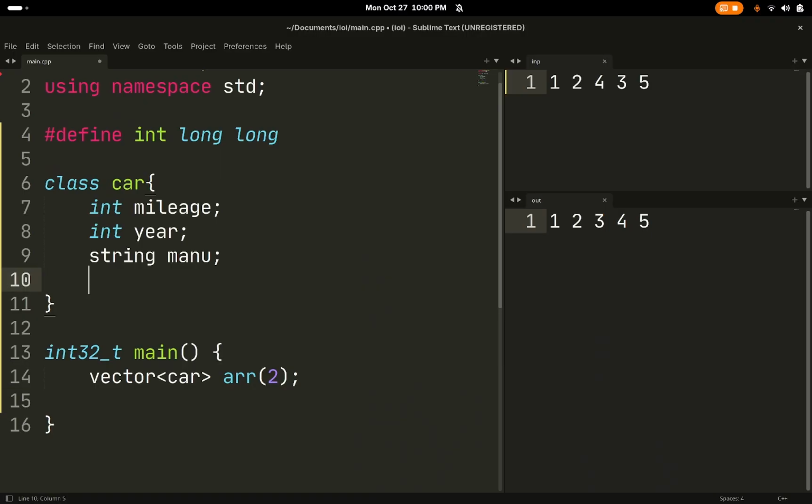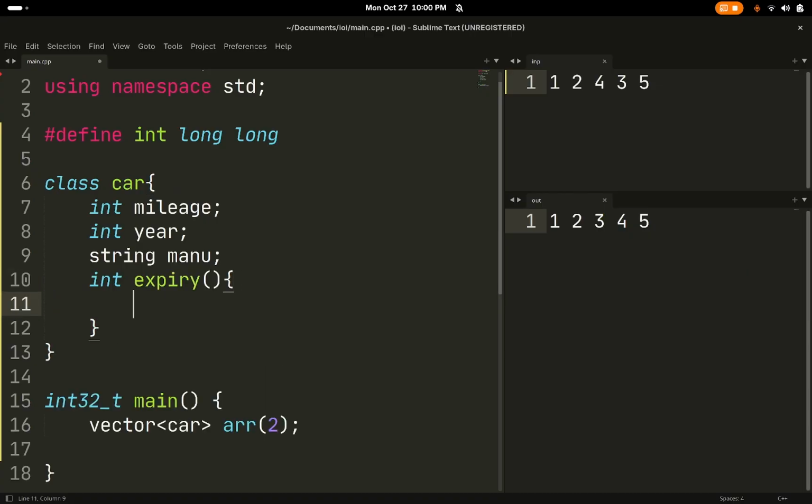So, the next thing I'm going to discuss is member functions, which is, let's say I wanted a function which can return the expiry of my car. This is how it would look like. Just a function, instead of defining it out over here, I defined it inside this class, and I can access the things inside the class automatically.